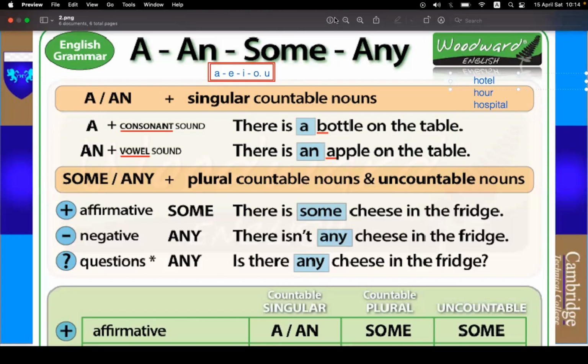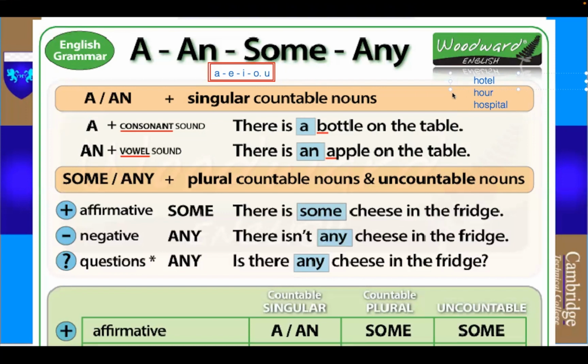Then hour: an hour. Now give me someone else. Last one, hospital. Who can tell me what we use in hospital? A hospital or an hospital? A hospital. Why? Let's put a first.